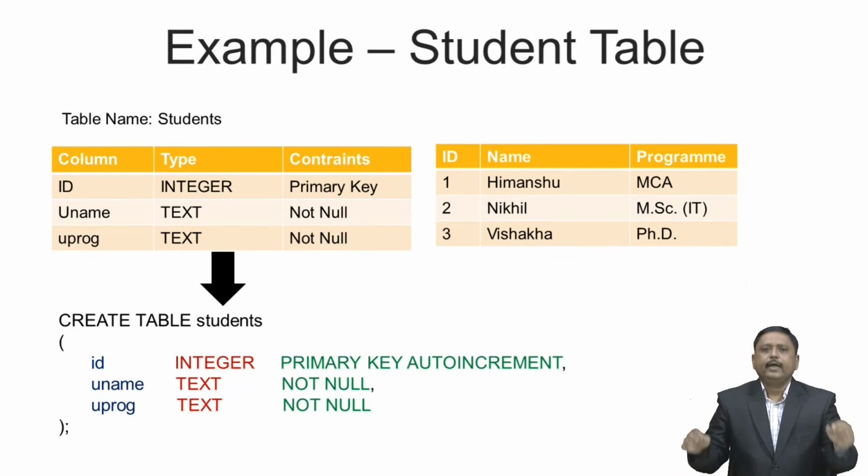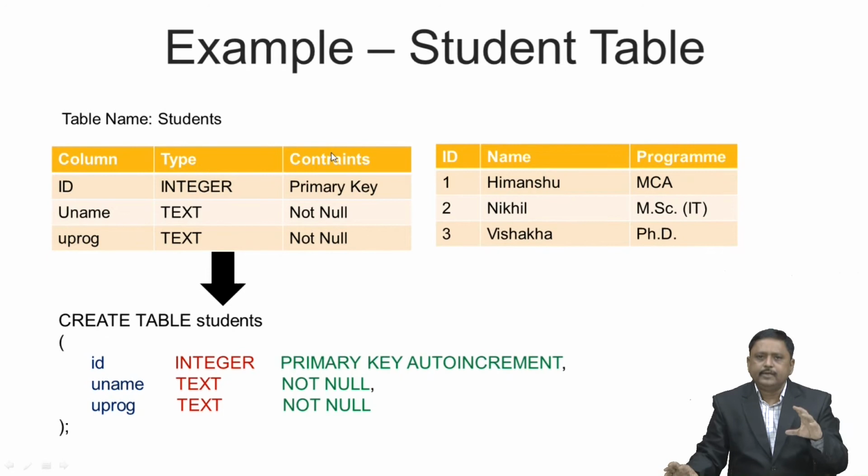It means it is compulsory to provide username and user program, without which data cannot be inserted into the table. If you follow the mouse pointer, this table is the actual table we want to create in a database, and 1, 2, 3 and these names and programs refer to actual values, but in a SQLite database we have to specify column, type and constraint.